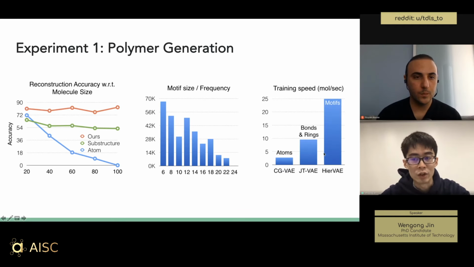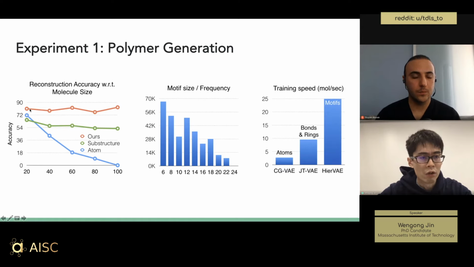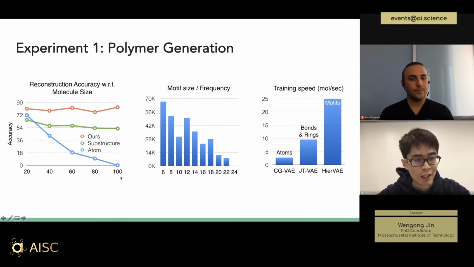And this is a great advantage because typically graph-based methods tend to be slower. As you can see, for larger molecules, our model still maintains a high reconstruction accuracy, even for molecules with more than 100 atoms, while for other methods it tends to decrease a lot.